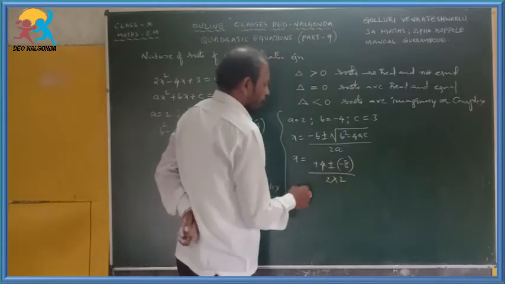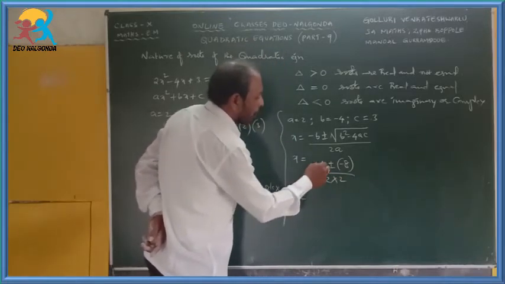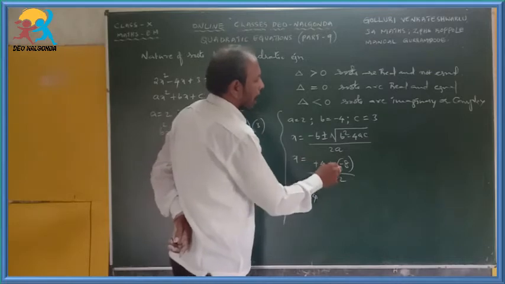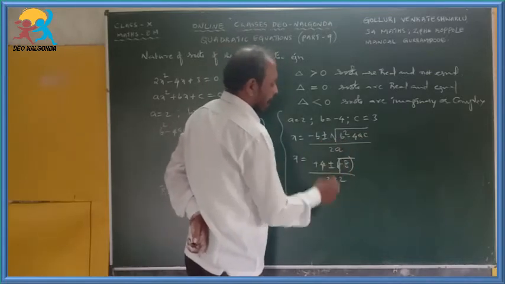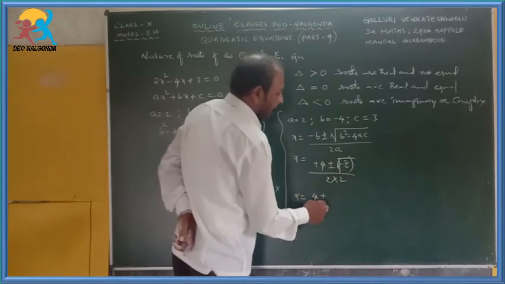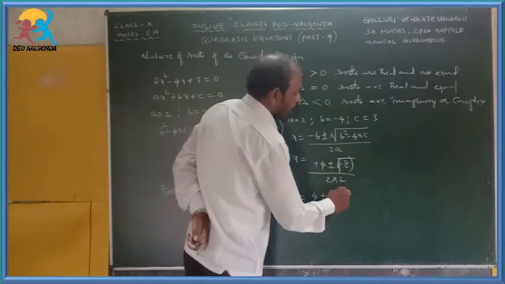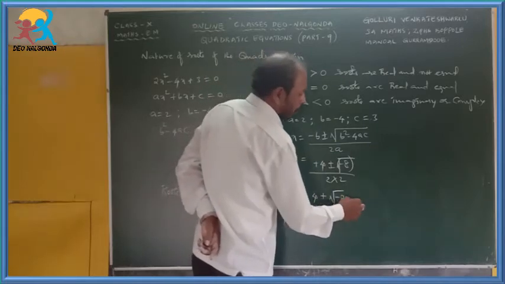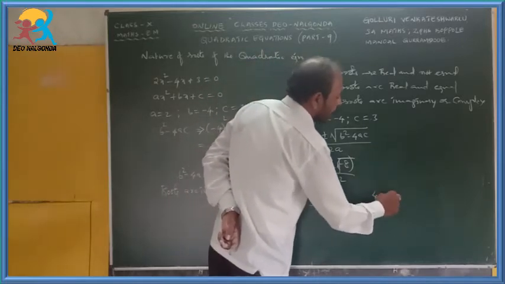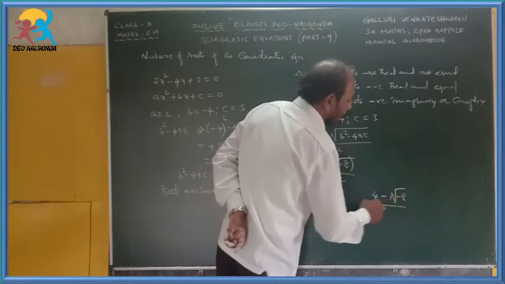So look at here, alpha first root nana 4 plus or minus root of minus 8 by 2. 4 plus root of minus 8 by 2 is the first answer. 4 minus root of minus 8 by 2 is the another answer.